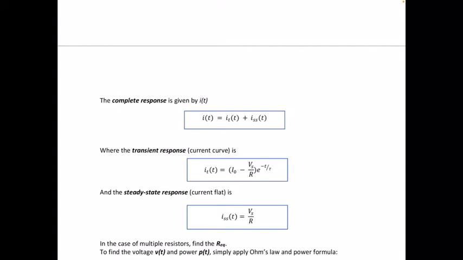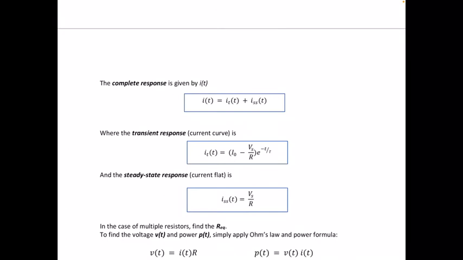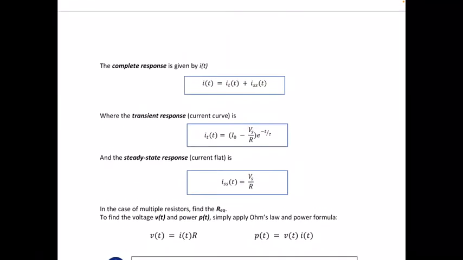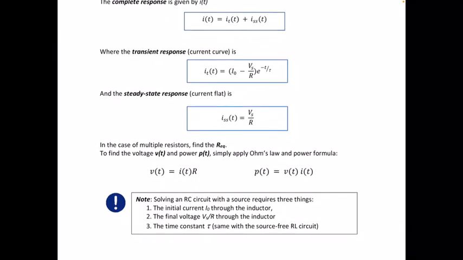This time I will not give you a derivation using first order differential equations anymore. Instead, we will just directly substitute into the formula. In the case of multiple resistors, we just use the equivalent resistance Req, and when finding the voltage, we use Ohm's law again, and the power formula when calculating for power.